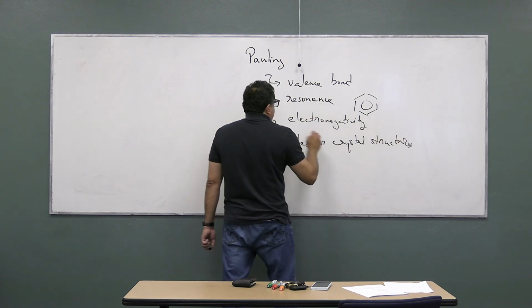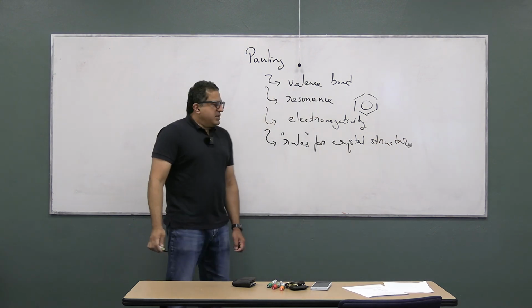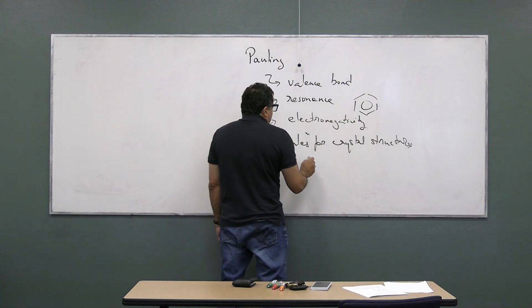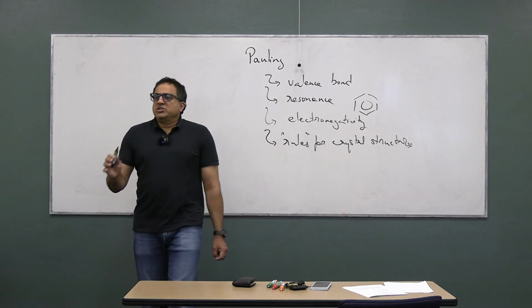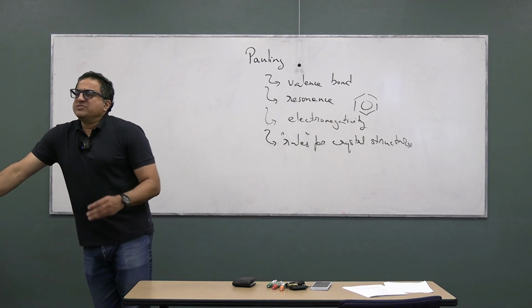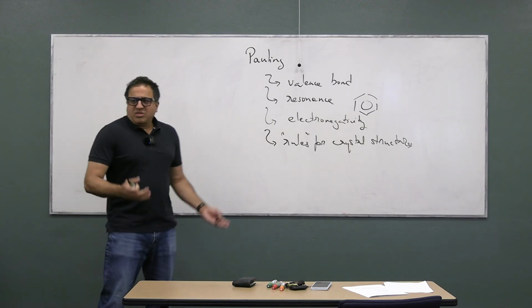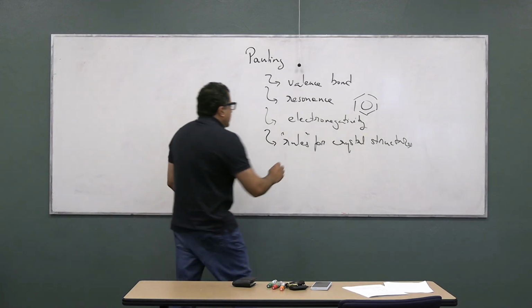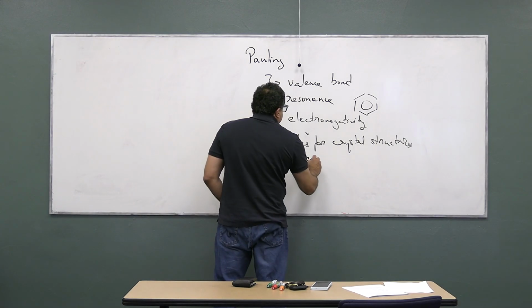And it should be pointed out that these rules really apply mostly to the structures of cations with electronegative anions. So more like ionic crystals, ideally for ionic crystals.